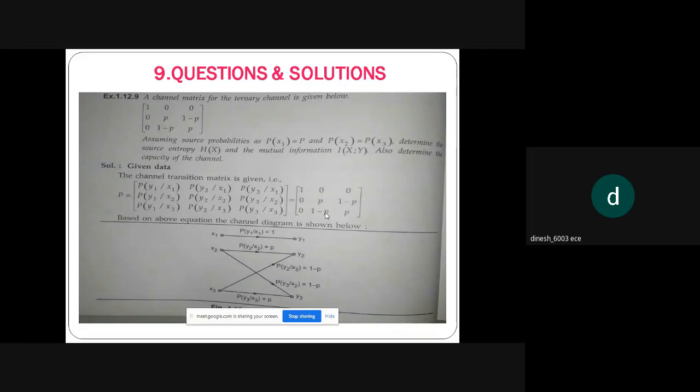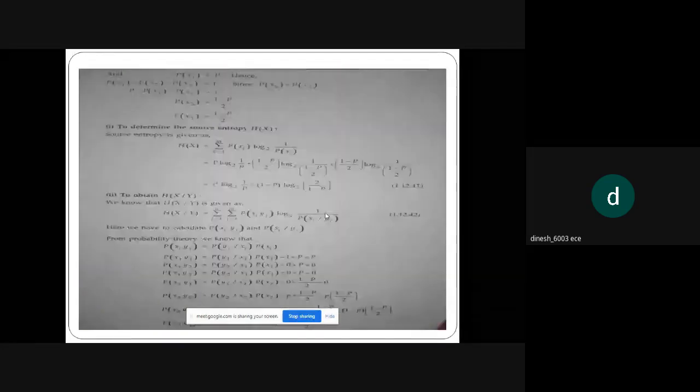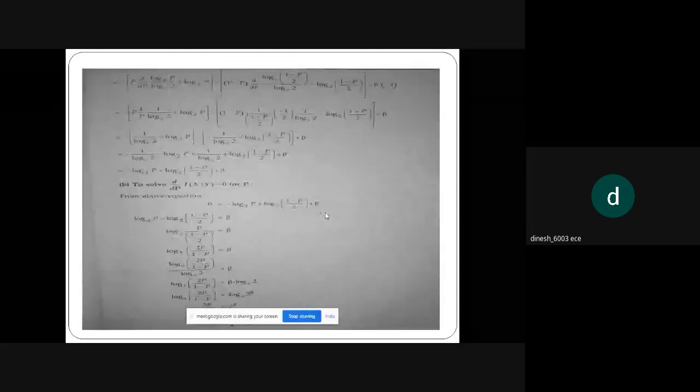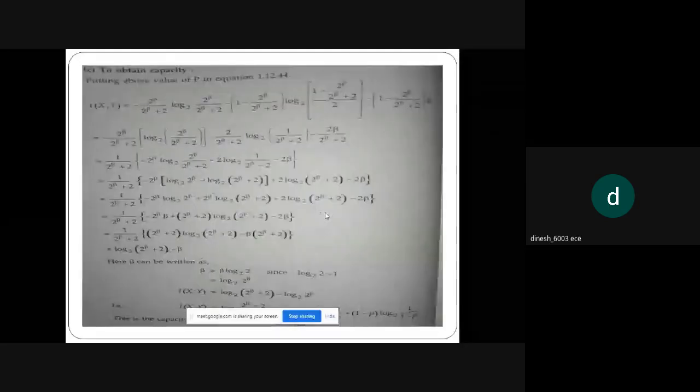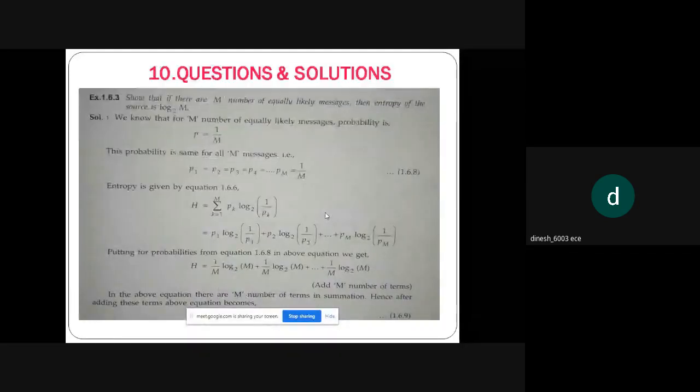Don't worry. Meanwhile, I have another problem to be solved. This is a relation where the extension of Shannon's first theorem lies.